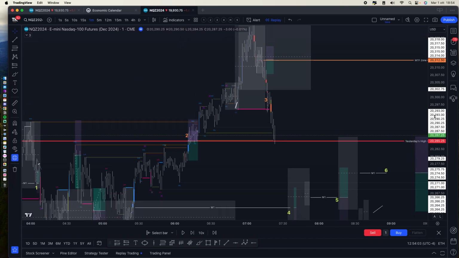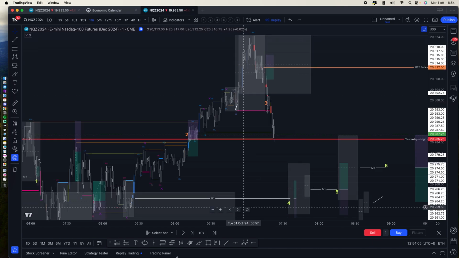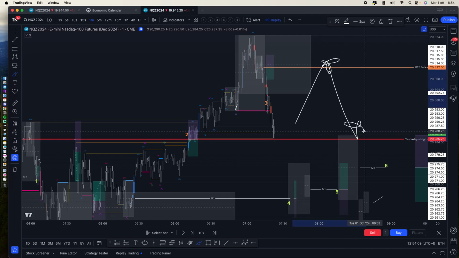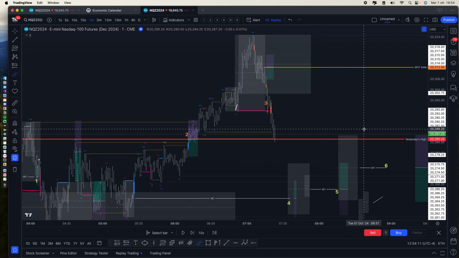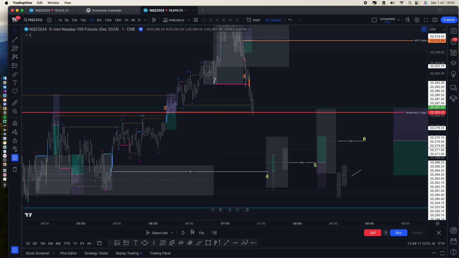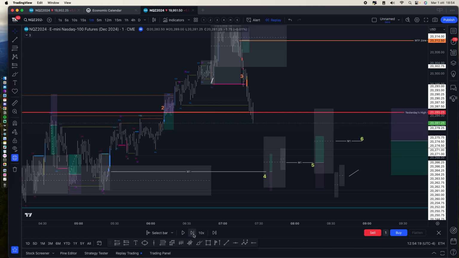So the next trade, if price reaches the zone again, I'm pretty much confident that it will move and take my profit. Anyway, let's go ahead.